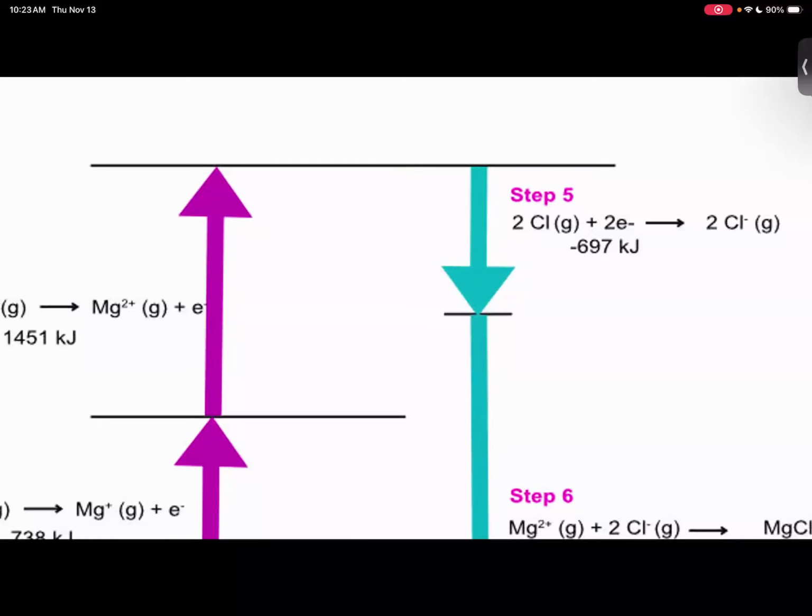Just like before, when we take our chlorine and we add electrons, we're going to get chloride, and that is a negative process. But if you look at all these pink arrows, we're adding a lot of energy, and we don't get back very much. This is the electron affinity.